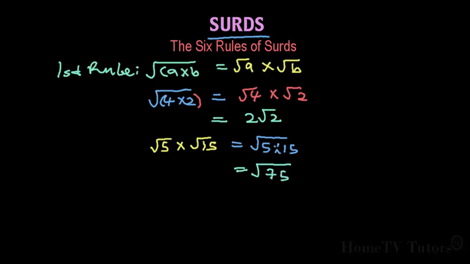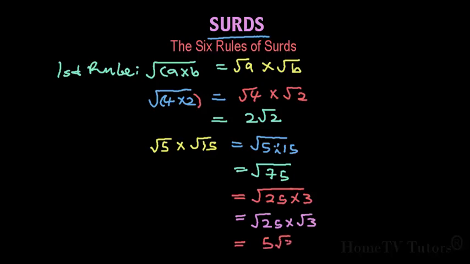It can be written as the square root of 75, and 75 can be written as 25 times 3, so the square root of 25 times 3. Which can also be rewritten, as the rule says, as square root 25 times square root 3. And we know that 25 is a perfect square. So the square root of 25 is what? Good, 5. Then the surd square root 3.